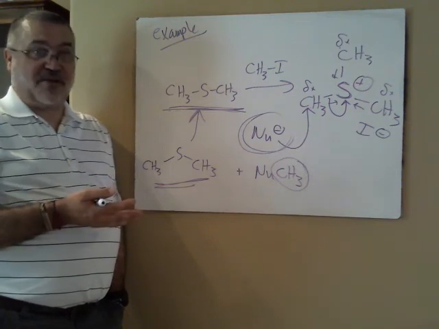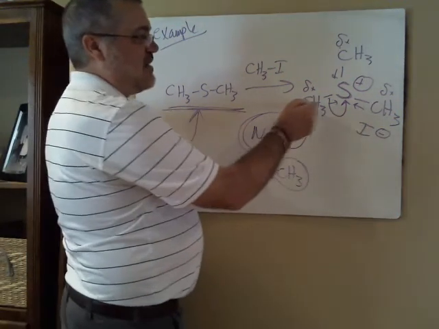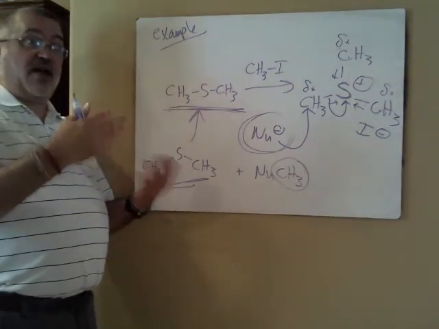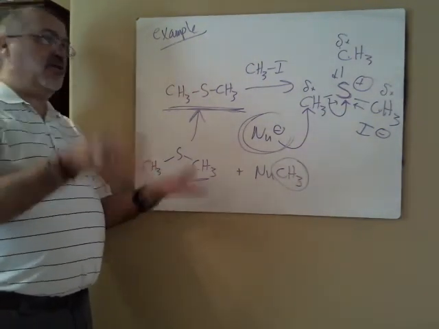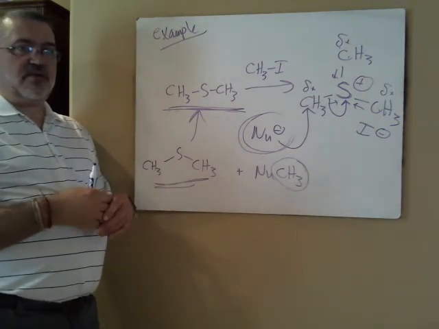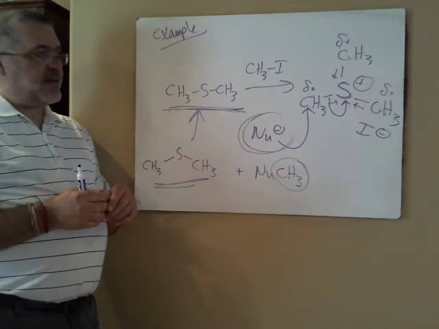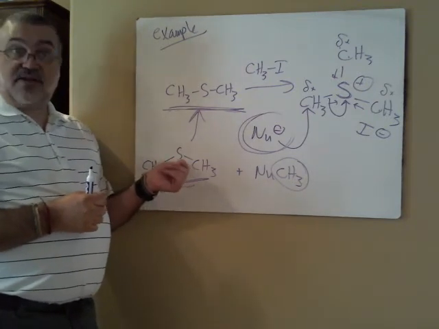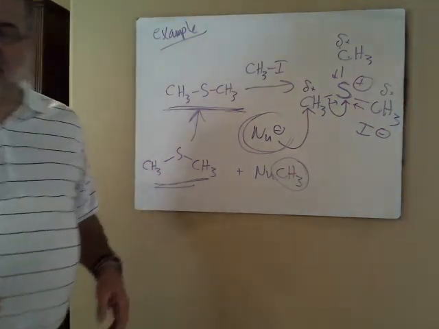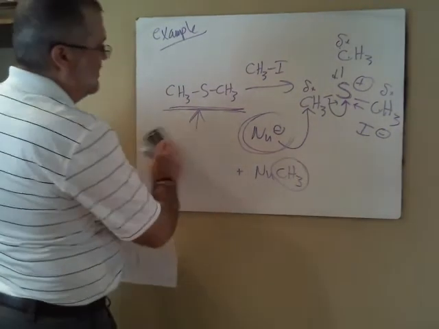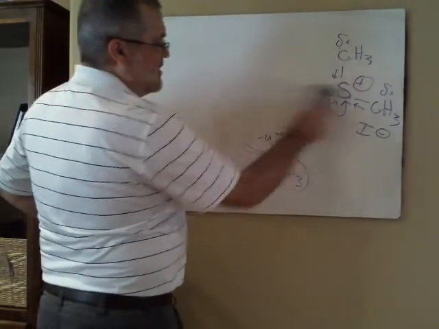Because then you don't get mixtures. Because this nucleophile could react here, here, or here. So you always want it to be like trimethyl, triethyl, tripropyl, tributyl. You always want all three R groups to be the same, so there's no mixture of products. Okay? So that's a useful application of a reaction of sulfides. But the other thing that you can do with sulfides are oxidation reactions.